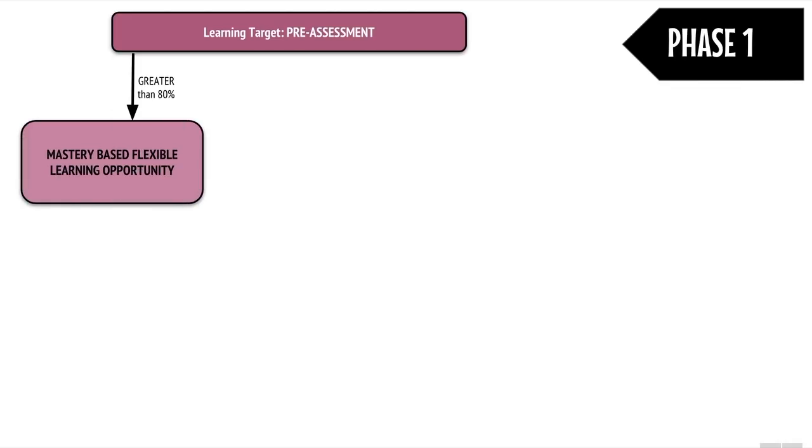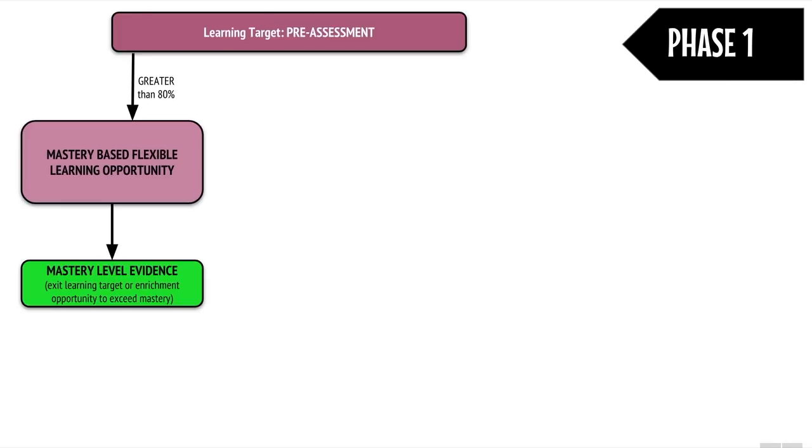Okay? Once Emily's had an opportunity to demonstrate mastery, we would check that demonstration of mastery against the learning progression. And if she's had sufficient evidence of learning from her pre-assessment, and sufficient evidence of learning from this flexible opportunity we've given her, then we could say, check, Emily's got mastery-level evidence of this standard, of this learning target.